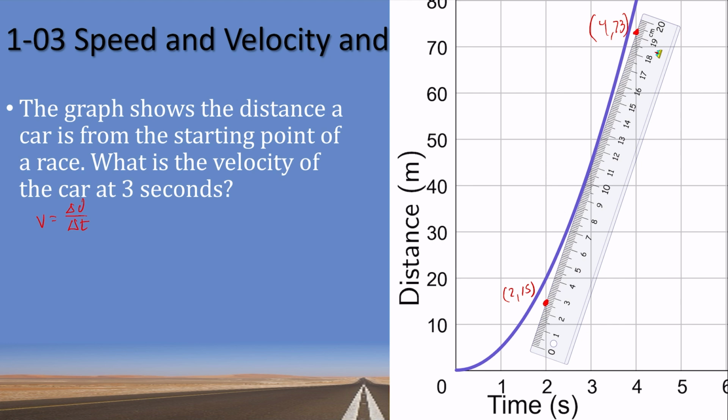It's the slope of this. So that would be 73 meters, so units in meters, minus 15 meters over our times, which are 4 seconds and 2 seconds.